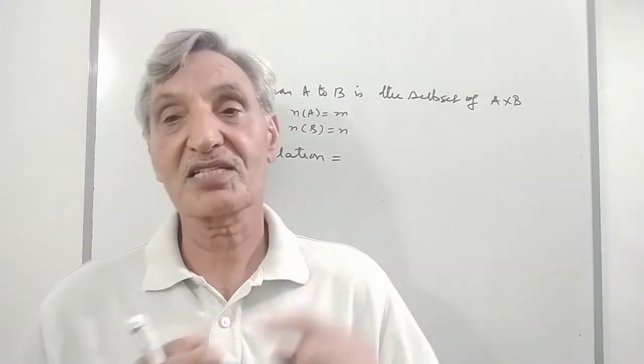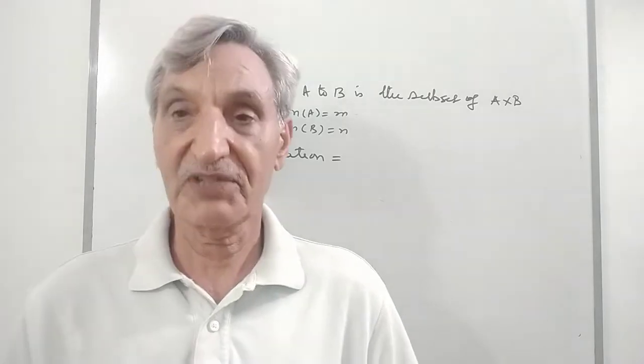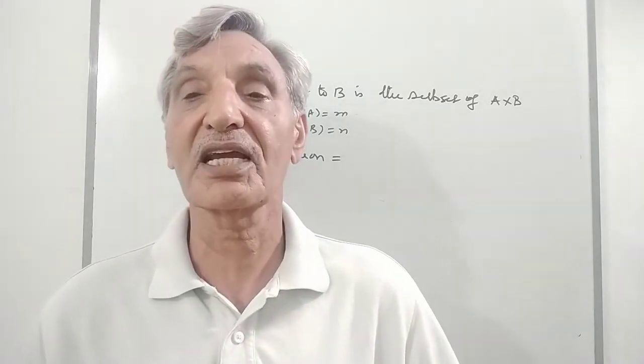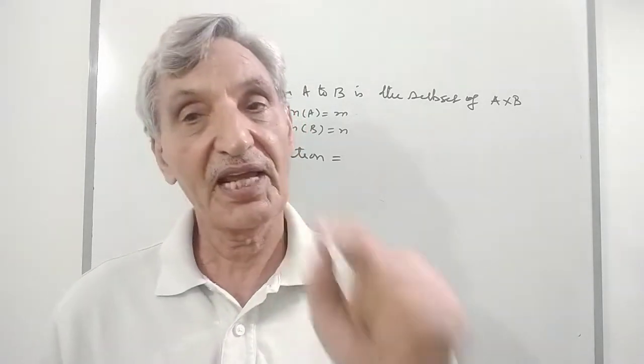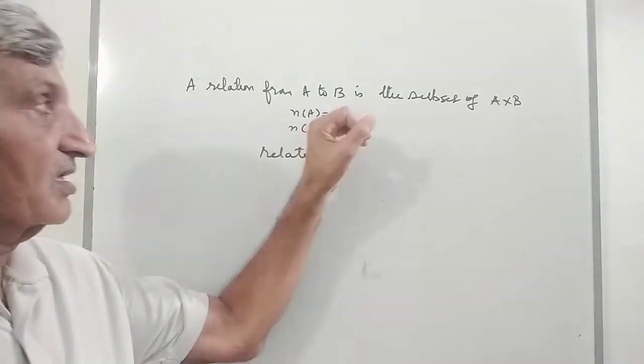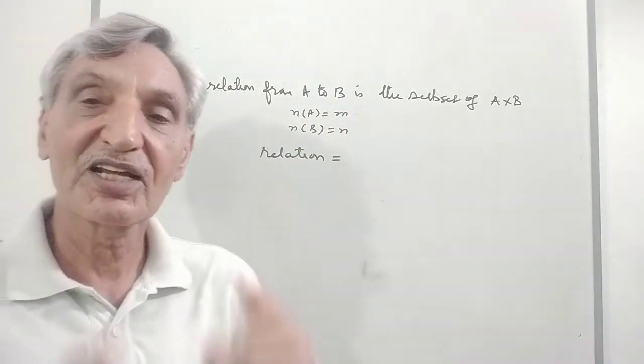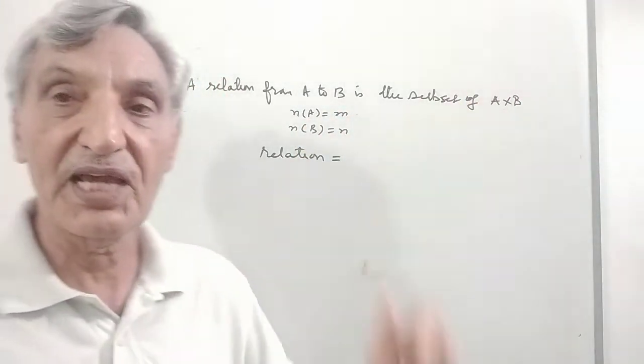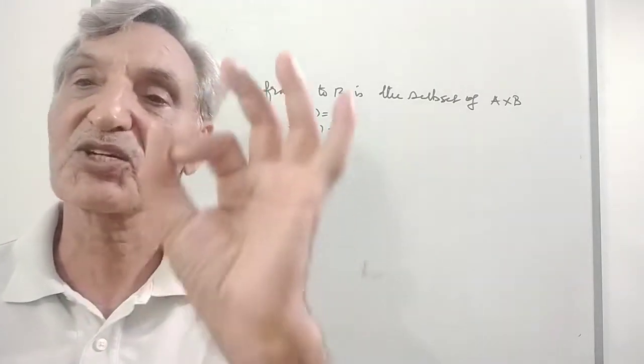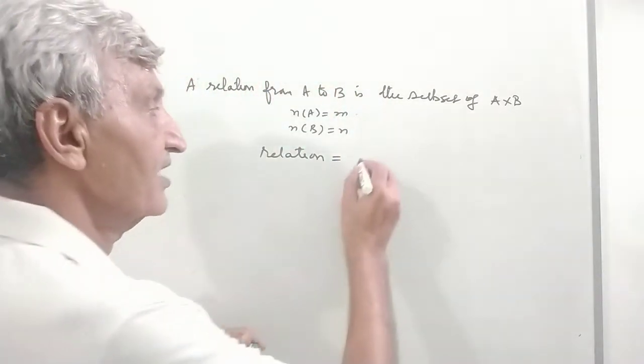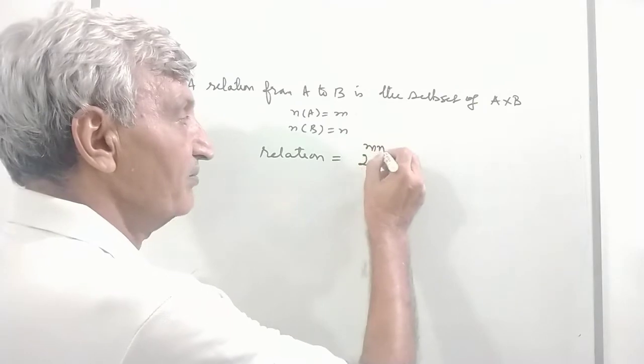So first, how many elements are there in A cross B? When A has m elements and B has n elements, A cross B has m into n elements, and therefore the answer is 2 raised to power m into n.